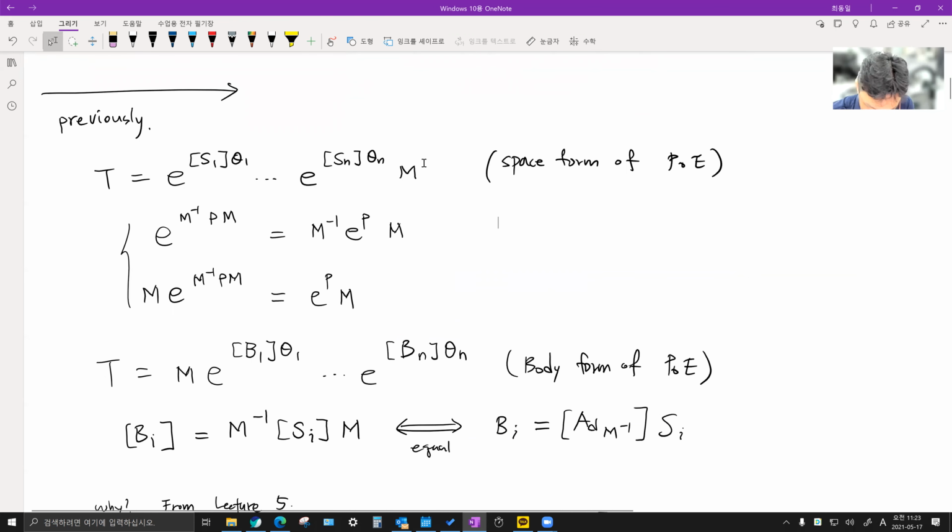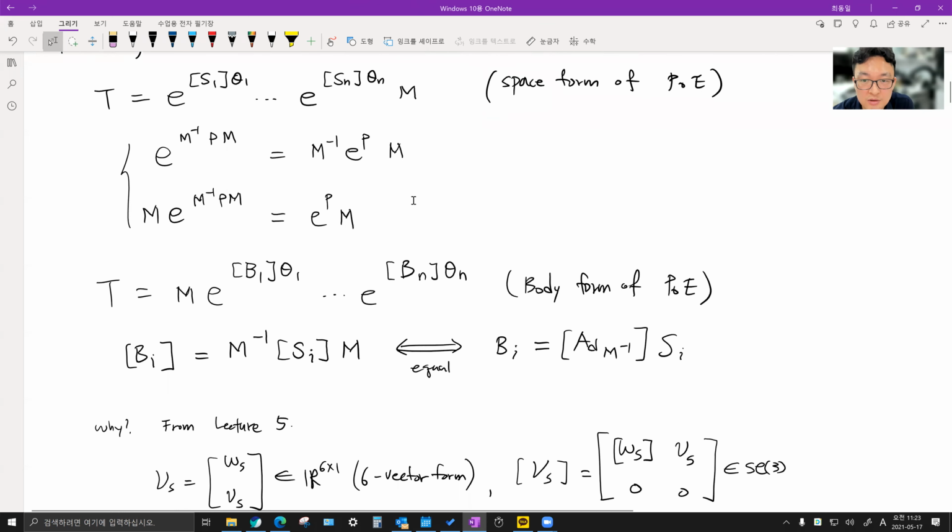Previously, we learned about the space form of POE. In the space form POE, we only need to know the space screw axes and the initial configuration M. This form can be transformed to the body form using this kind of calculation.